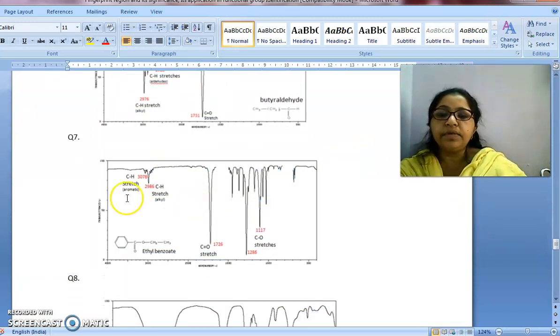Next one, if you see this, it is clear that it is an aromatic. C-H stretching, very weak bands are there. Along with that, you also have a very small number of C-H alkyl groups. So the number of alkyl groups present here is quite less. But aromatic stretching, you know, is always weak.